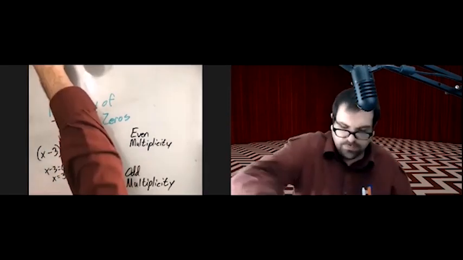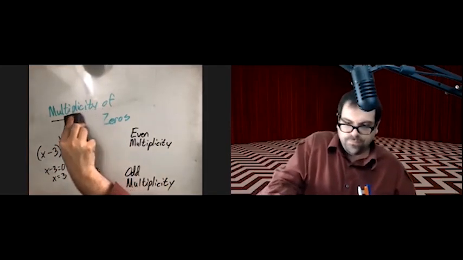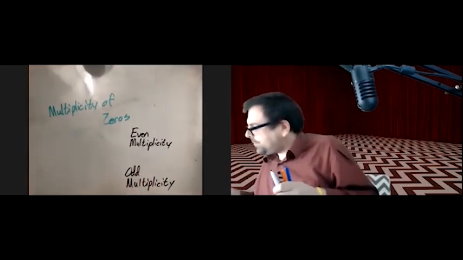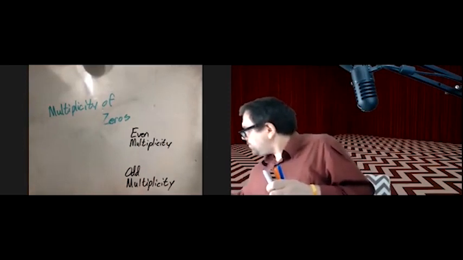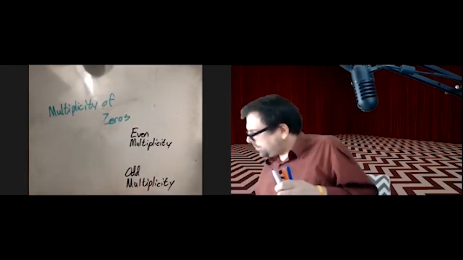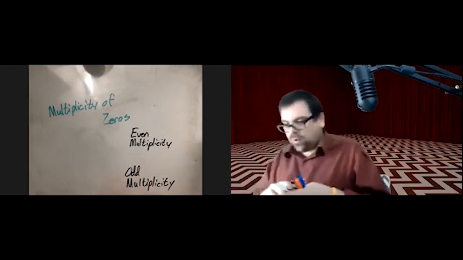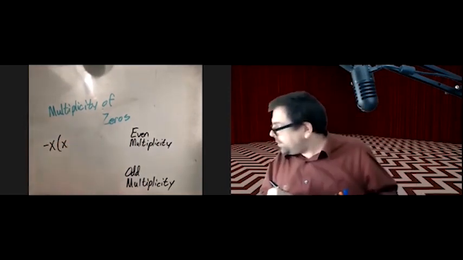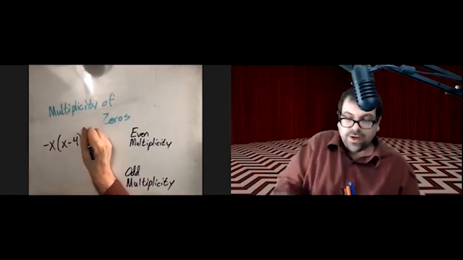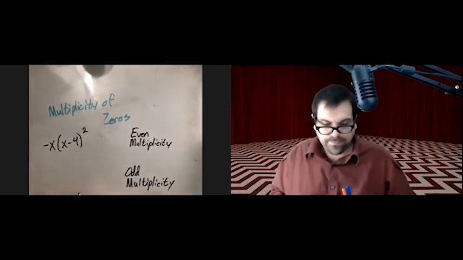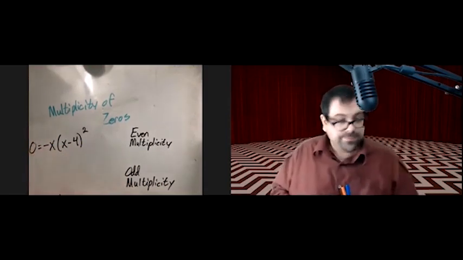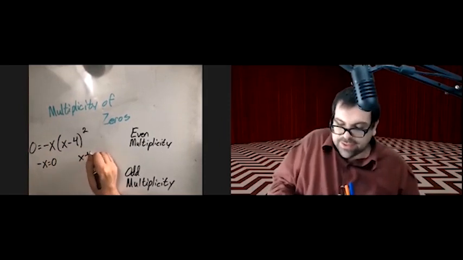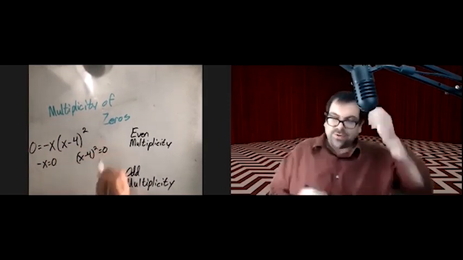Let me drive this point home. We just did an example where we ended up with negative x times x minus 4 squared equal to 0. So we did negative x equals 0, and x minus 4 squared equals 0.